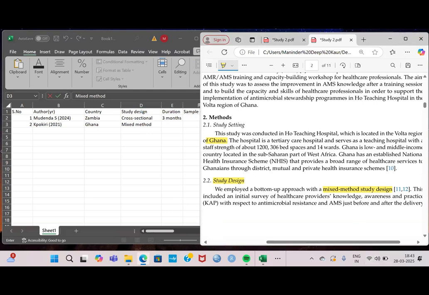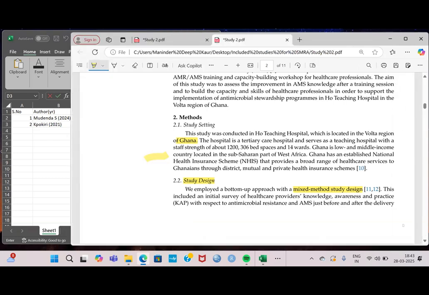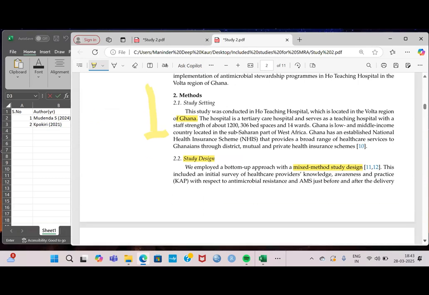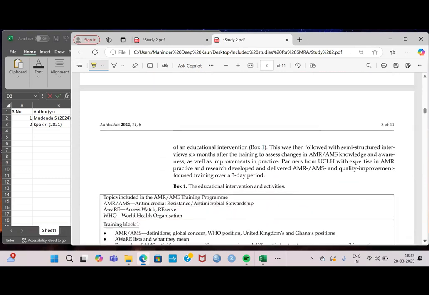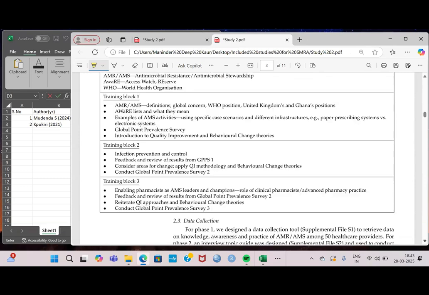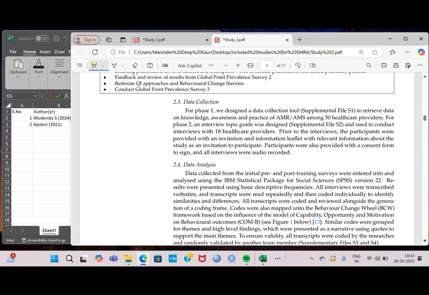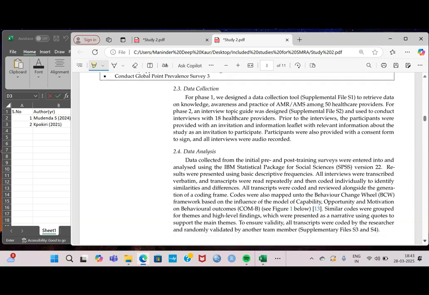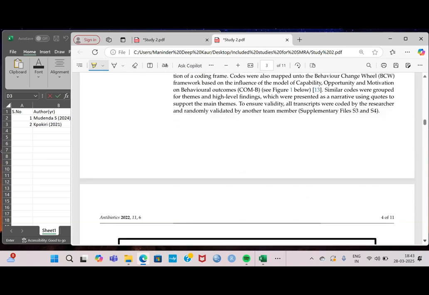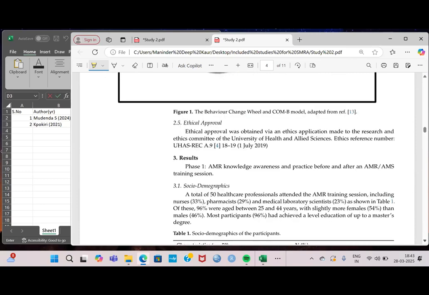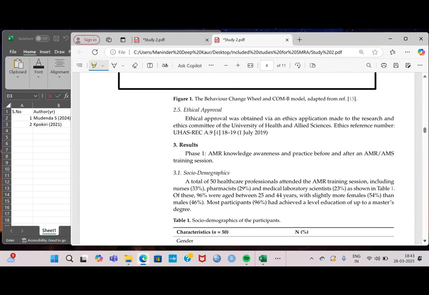Okay. Next is the duration. Where have they given the duration? I need to find that also. I need to rigorously see whether they have given it. Again, we have to study it again and again.